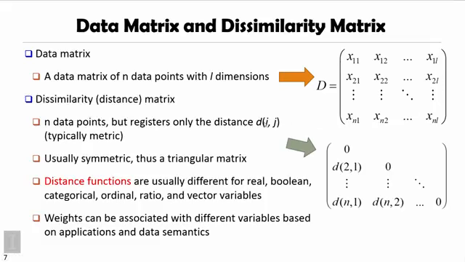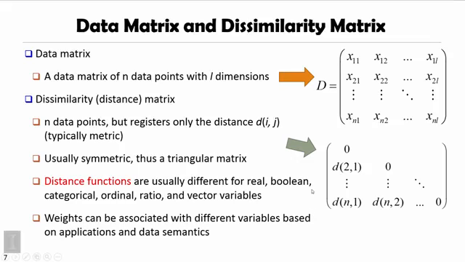The distance matrix or dissimilarity matrix usually is represented in triangular matrix. Because you have n data points, we register only the distance between objects like 2 versus 1 to look at their distance.